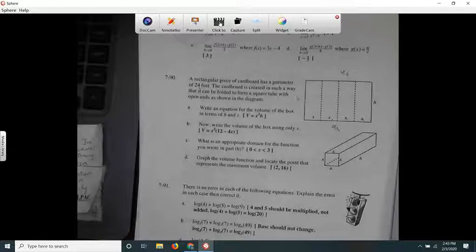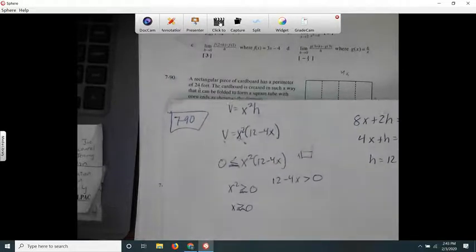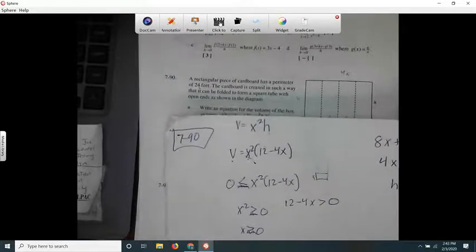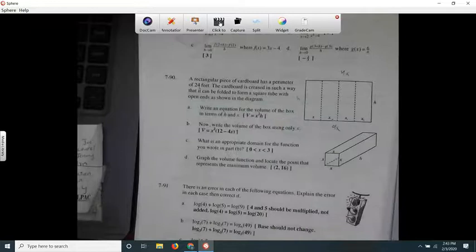You divide the x squared out, so you get 12 minus 4x greater than 0, then 12 is greater than 4x, and then 3 is greater than x. Because if you had 4, you'd get a negative number in the second part, and then a negative value. So x has to be in between 0 and 3.